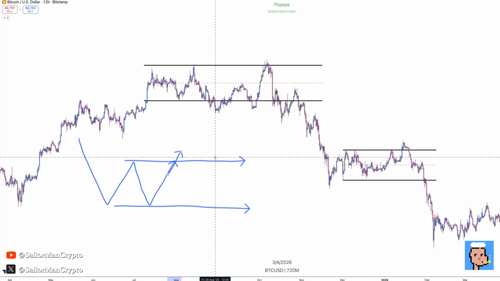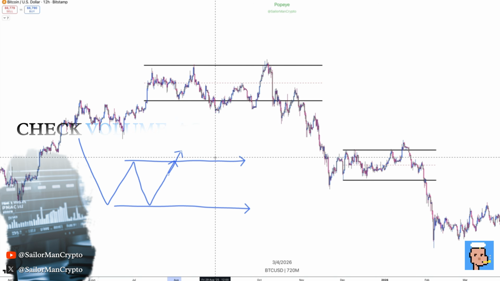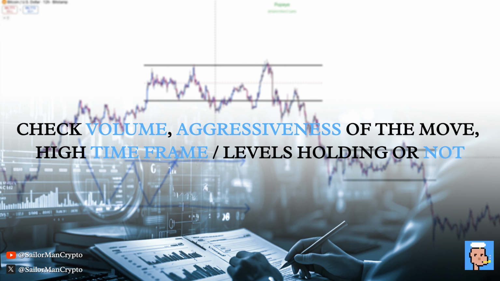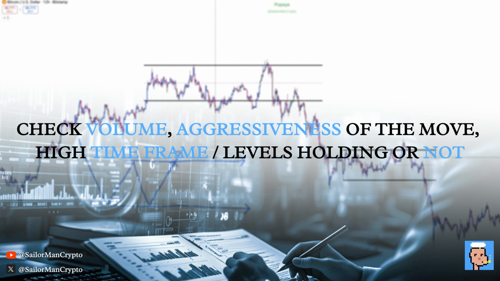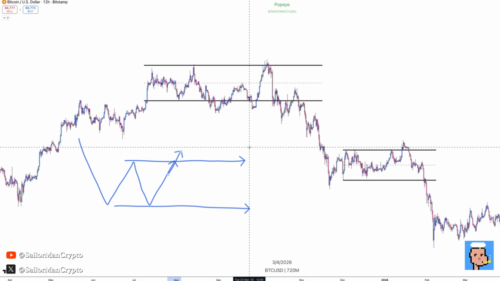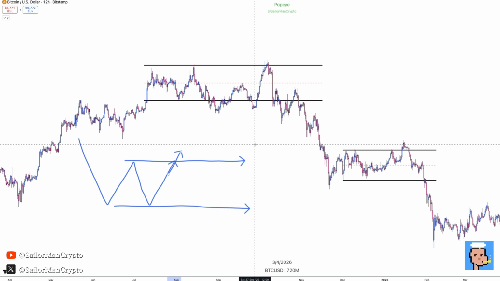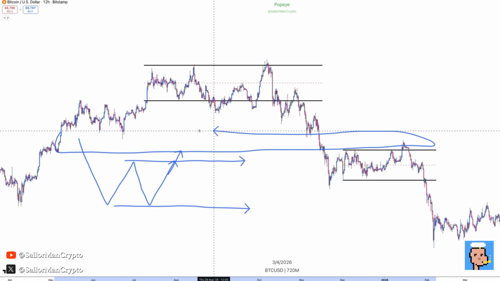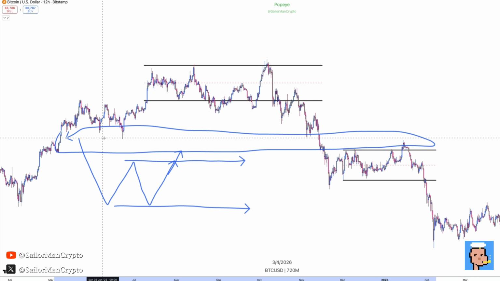So what do we look for? How aggressively price moves outside of the range. Did it happen with volume, or without volume, on thin air? This is more or less to give you a clue. Whether high time frame levels are holding or not. So perhaps I know that historically this was a support level for Bitcoin.